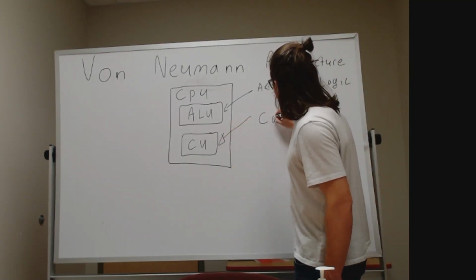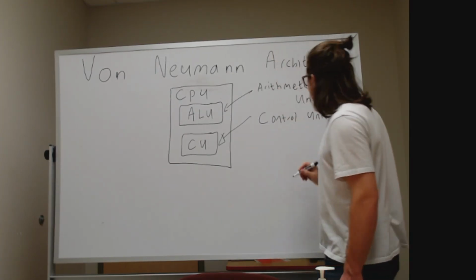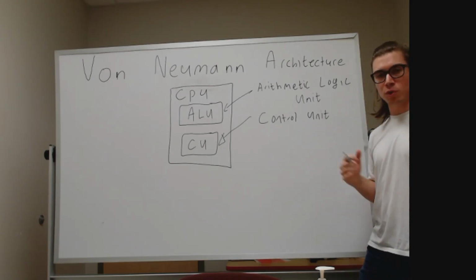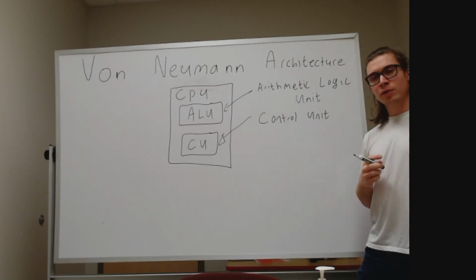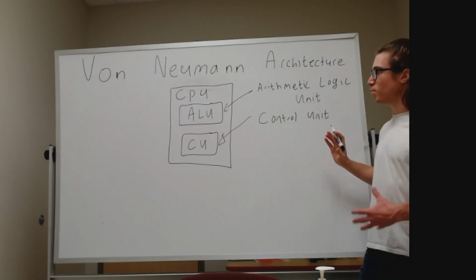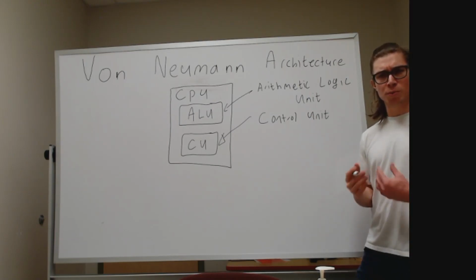And what does our control unit do? Well, our control unit actually handles the flow of the programs that this computer is ultimately going to read. So, for example, this is going to receive a bunch of high and low voltage signals, and it's going to need to interpret them into a program.